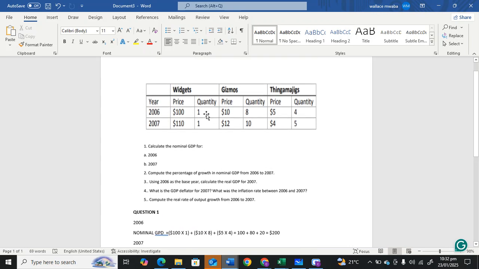We're calculating the real GDP for 2007 and using the prices for 2006.